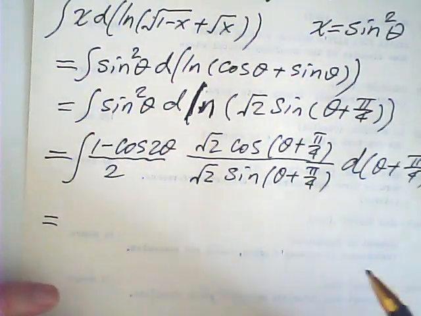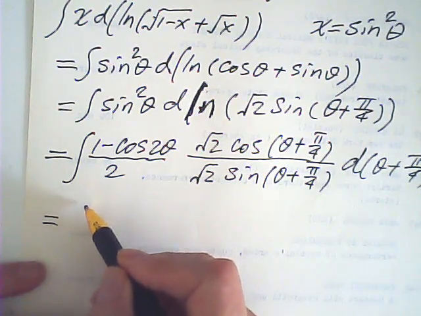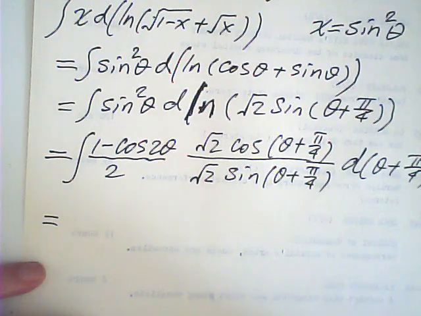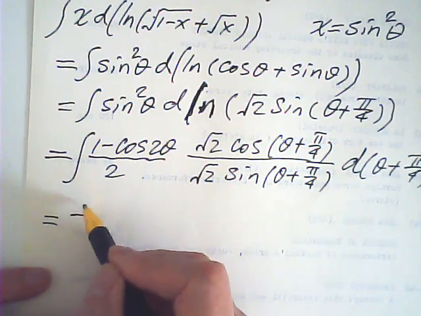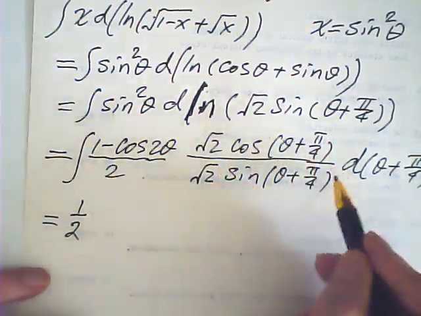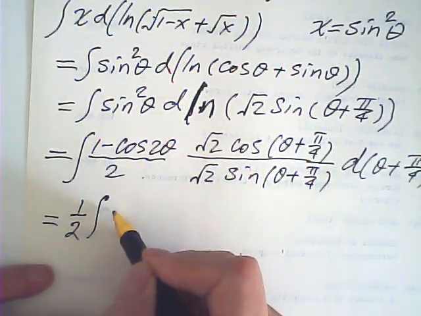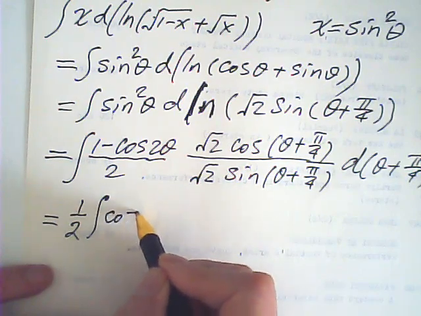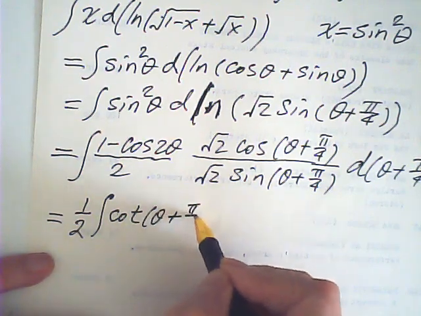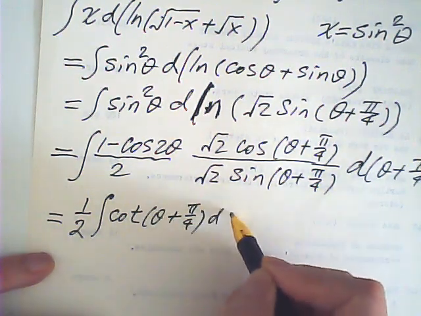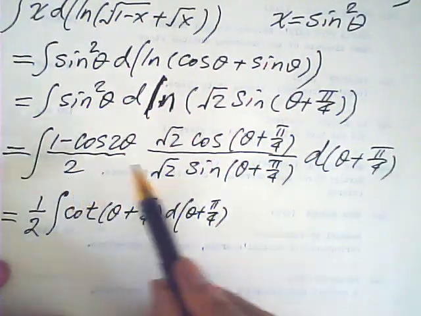So this one is equal to, the first part is 1/2 times the integral of cotangent of theta plus quarter pi d of theta plus quarter pi. That is the first part.